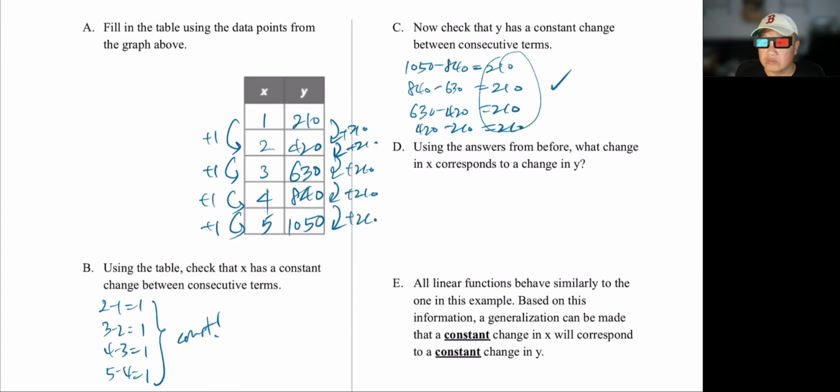Now, what's important over here is that the change in x was continually 1. And the corresponding change in y was always 210, right? So for example, what I'm saying is that when x changed 1, y changed 210.